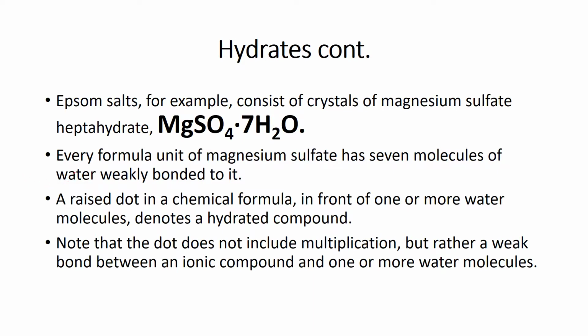Let's look at an example here. We have Epsom salt, which consists of crystals of magnesium sulfate heptahydrate. Okay, so this right here is the magnesium sulfate, and this is hepta, which is the prefix for 7, so heptahydrate means there are 7 water molecules.